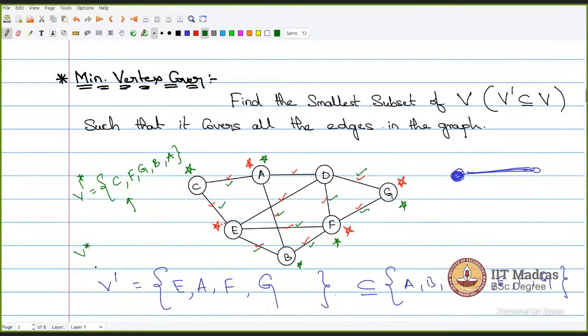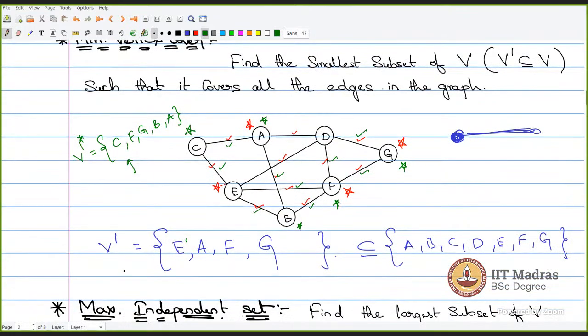Instead of G, if you would have taken D, then C, D, F, B is also a vertex cover, a minimum vertex cover.